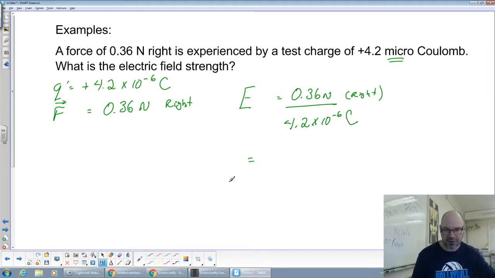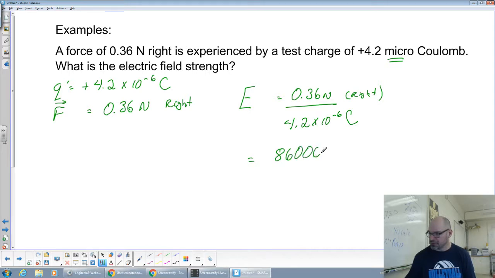So you take your calculator out, 0.36 divided by 4.2 times 10 to the negative 6, and you get about 85,714. If we round it off to 2 significant figures, it's about 86,000 newtons per coulomb, or as it's commonly written, they change it into kilonewtons, 86 kilonewtons per coulomb.